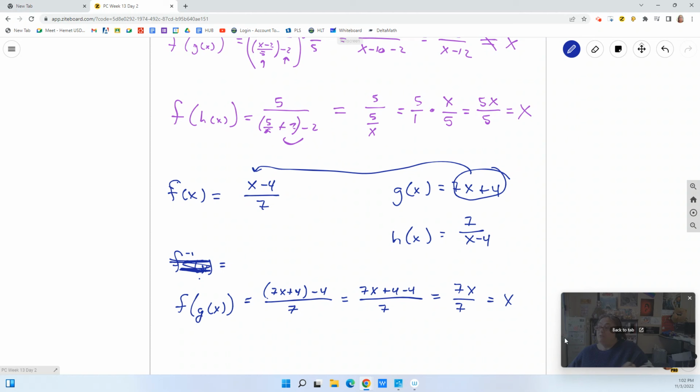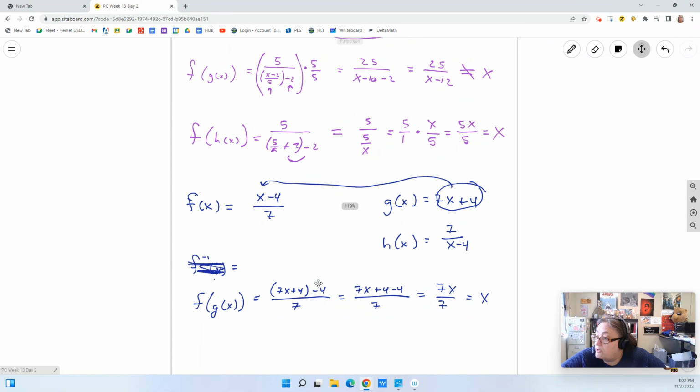So we have already proven that g of x is the inverse, and it can only have one inverse. A function can't have more than one inverse. So if g of x works, we know that h of x doesn't, which means that we don't have to do it again. Almost all of your problems are going to be verify this or verify that.